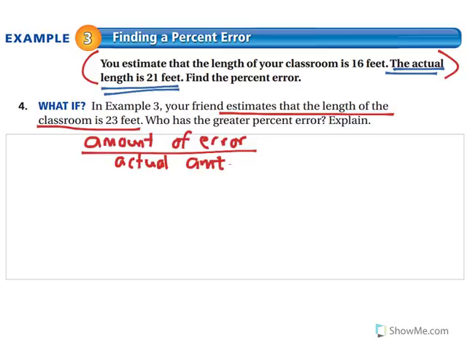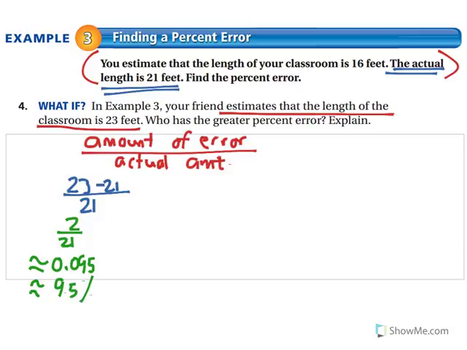So we're going to do 23 minus 21 over the actual amount, which is 21. We get 2 divided by 21, which is approximately 0.095, which is approximately 9.5%.